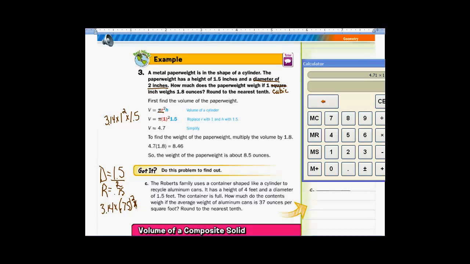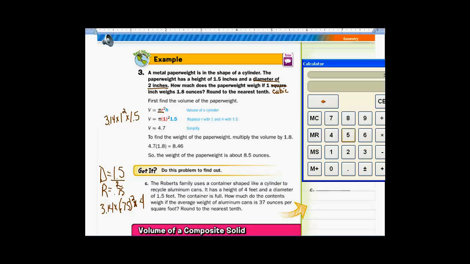times the height. How tall is it? 4 feet. Height, 4 feet, pi times radius squared. So each layer, 3.14 times 0.75 squared times 4. So on my calculator, 3.14 times 0.75 squared.